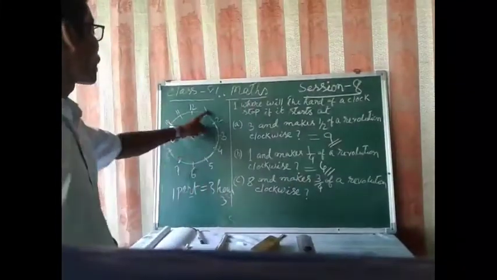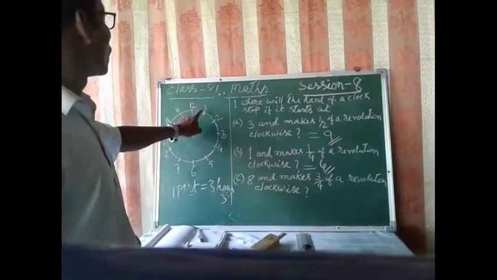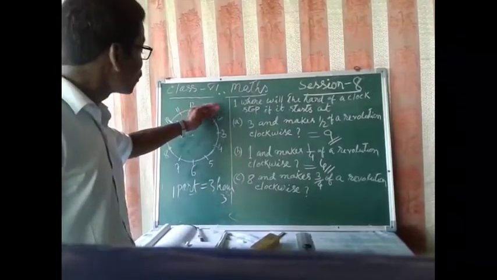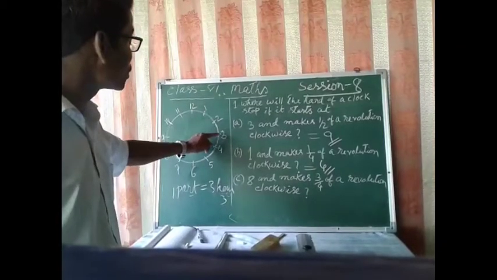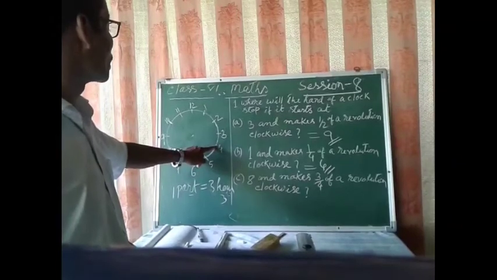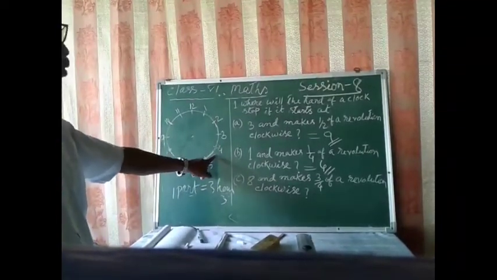The pointer will stop at 4 o'clock when it starts from 1 o'clock and rotates 1/4 of a revolution. 1/4 of a revolution means 3 divisions of the clock dial.